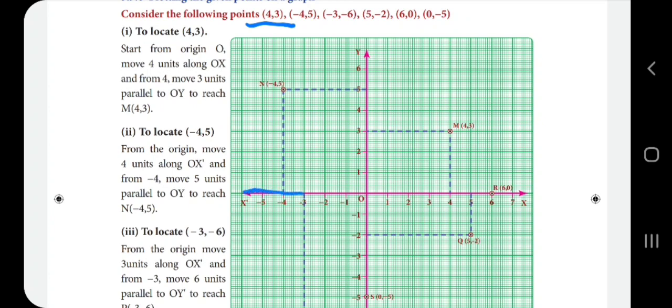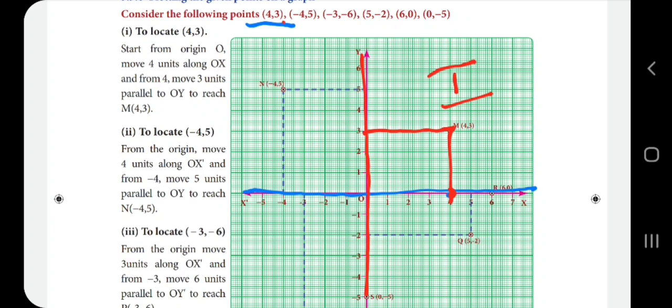X is the horizontal line, positive x is here. Then y is the vertical line, positive 3 on the y-axis. Both are positive, so which quadrant is this? This is the first quadrant, where both are positive.